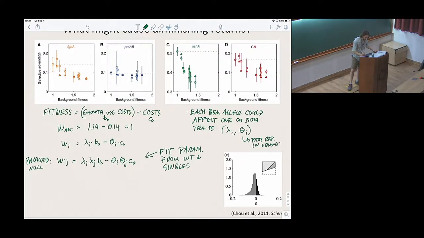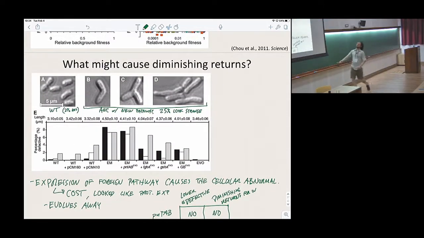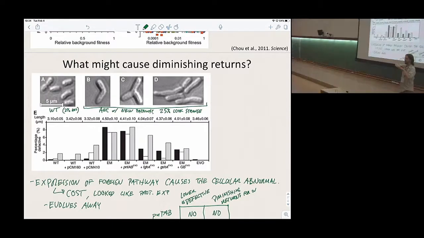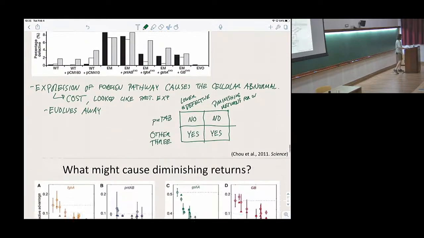So we use that phenotype. Like these strains, these single mutants, each reduced the total number of messed up cells by about half. And so we went ahead and just used that as a visual proxy. Let's just assume that the costs are linearly proportional to the number of cells that look messed up, and see how that does.